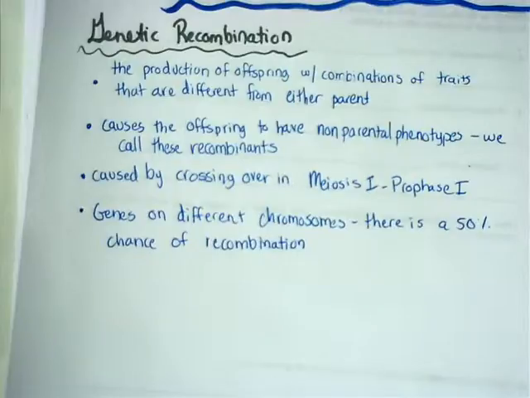That 50% chance of recombination will occur because it's 50% chance they'll go to the left side, 50% chance they're going to go to the right side. Hopefully you see that, and if you don't, I strongly encourage you to review the concept of meiosis and how chromosomes are moving in meiosis.